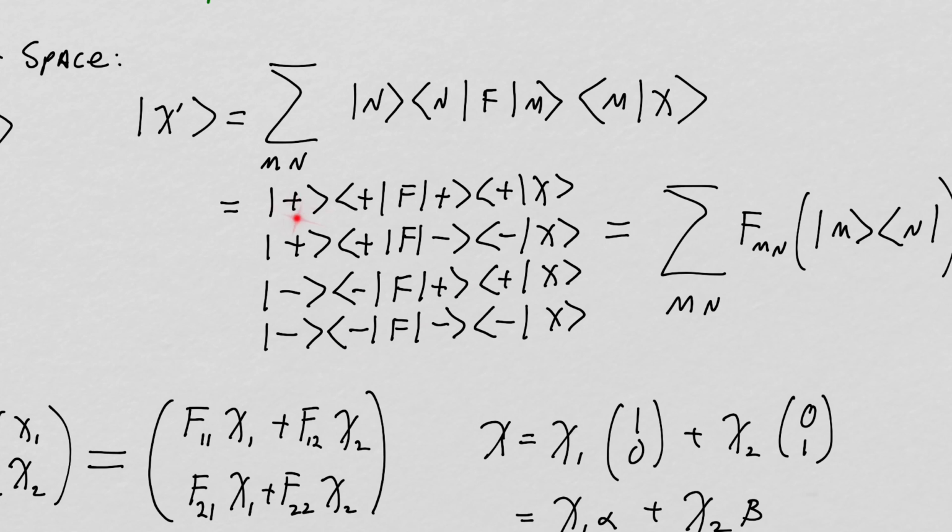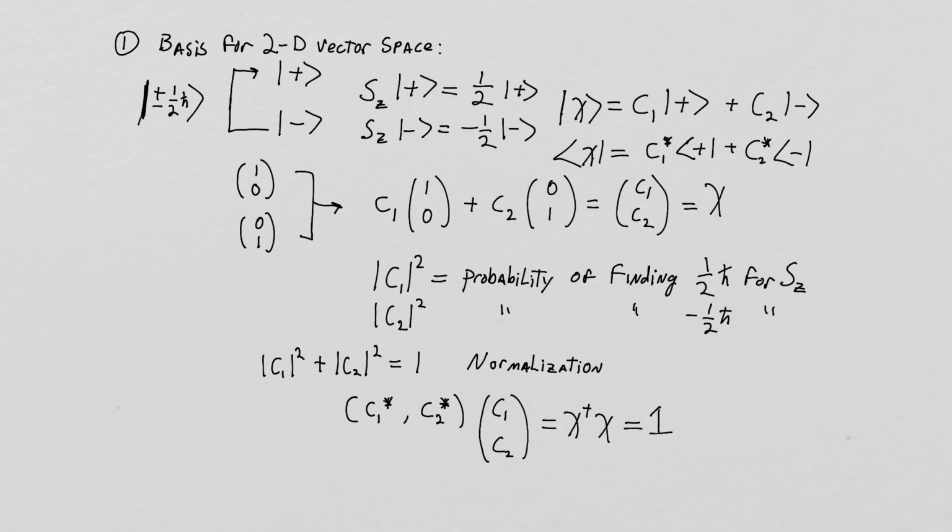So this first one, m is plus and n is plus, right? So those 2 get replaced by the plus states. These 2 get replaced by the plus states. This object right here is the projection against chi of plus. So that would be, in our notation from the previous page, C1, because if you put plus right here, you would get plus plus and then plus minus.